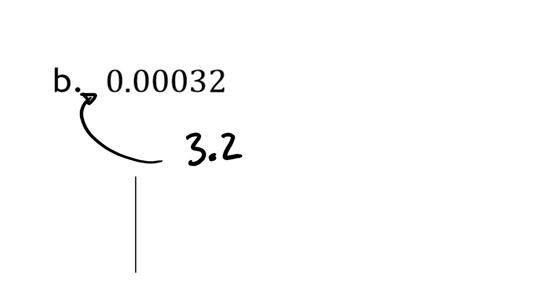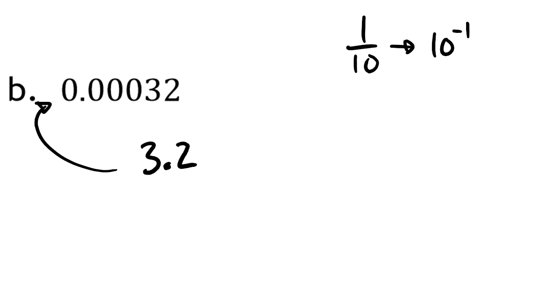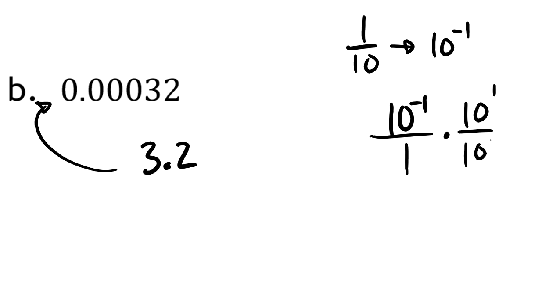And of course, remember, division by the number 10, what is this equivalent to? This is equivalent to 10 to the negative 1 power. And if you're like, what? I didn't know that. Well, think about this. If you have 10 to the negative first, and I want it to not have a negative exponent, what can I do? I can multiply it by 10 to the first over 10 to the first.